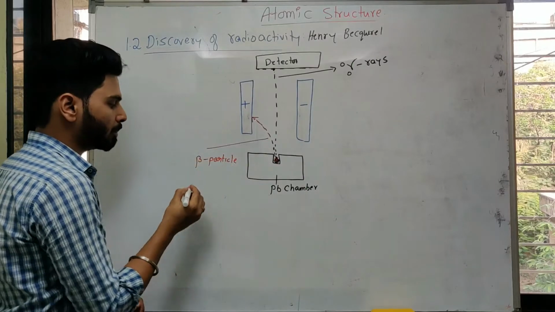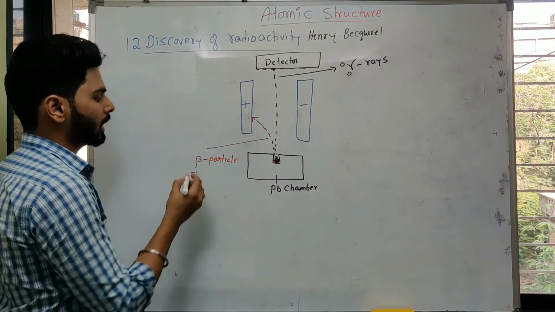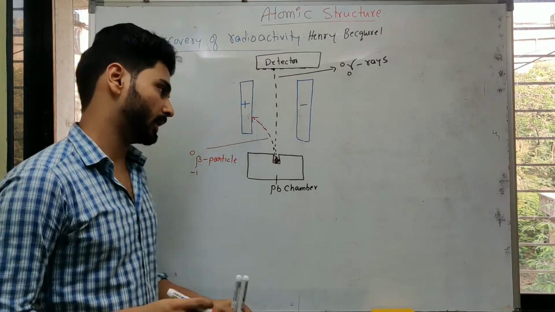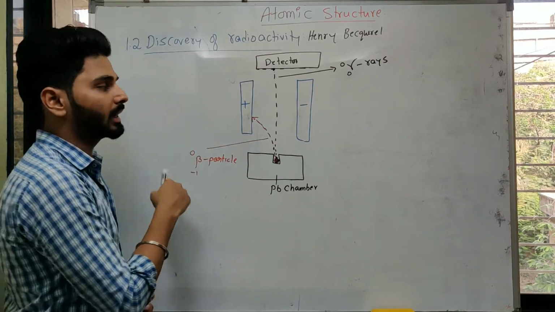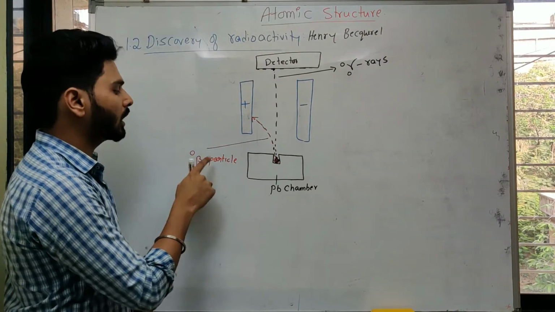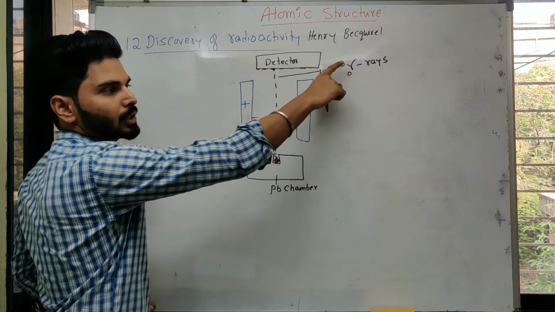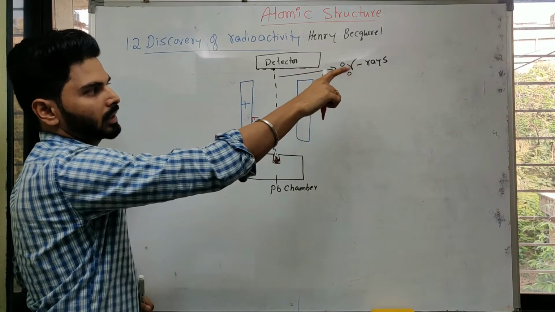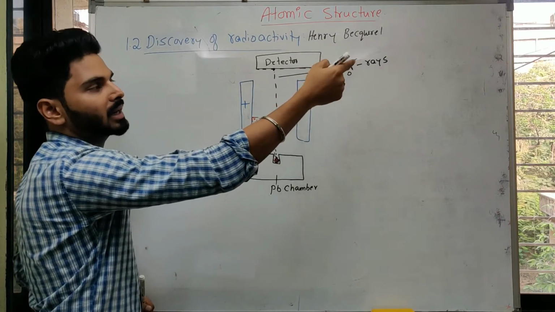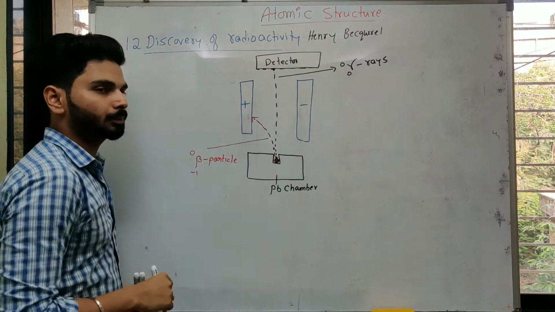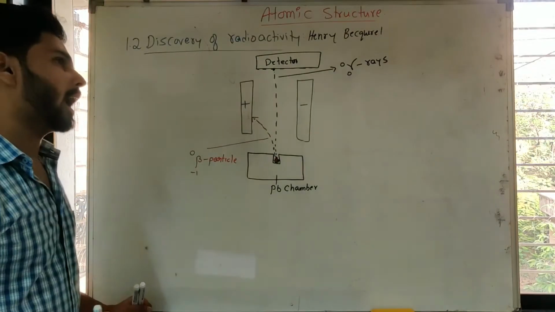Because they have some mass, but in the case of beta, their mass is negligible. That's why it is considered zero. It doesn't mean that their mass is zero, it is very, very small. In the case of gamma, literally there is no mass. That's why we are later going to understand gamma rays as an electromagnetic wave. So beta particles have mass.